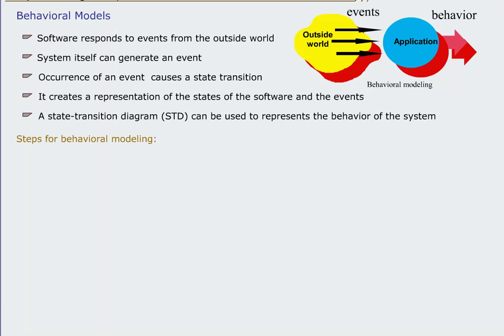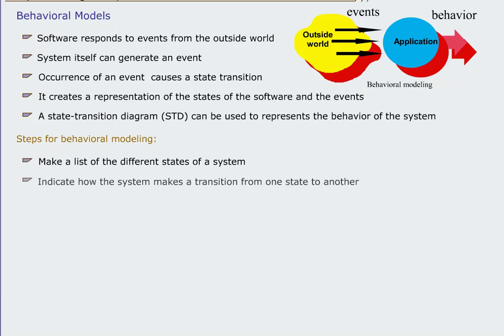For behavioral modeling, we use the following steps. Make a list of the different states of a system. How does the system behave? Indicate how the system makes a transition from one state to another. How does the system change state?